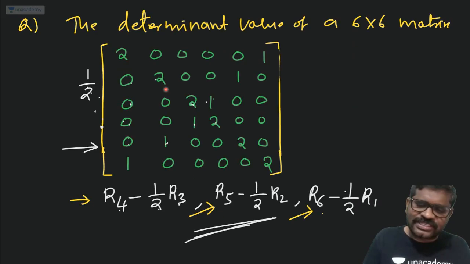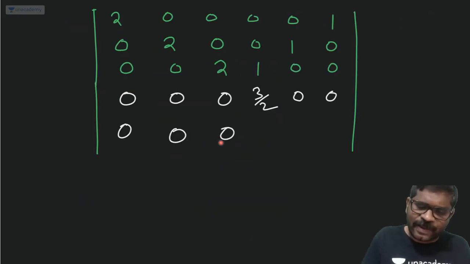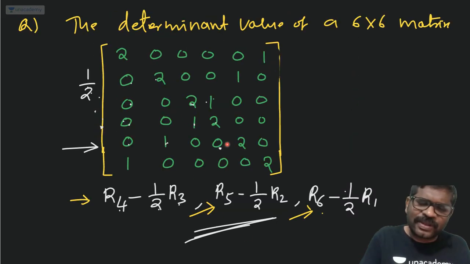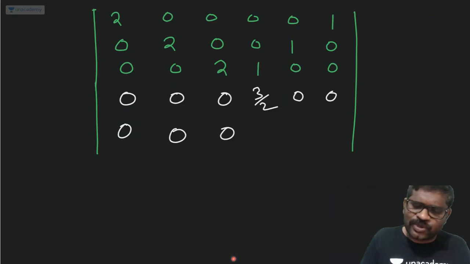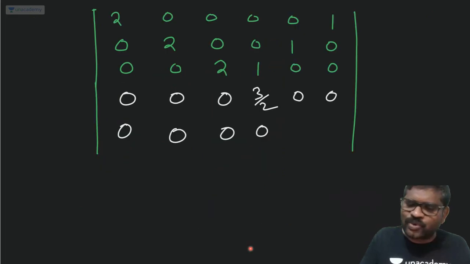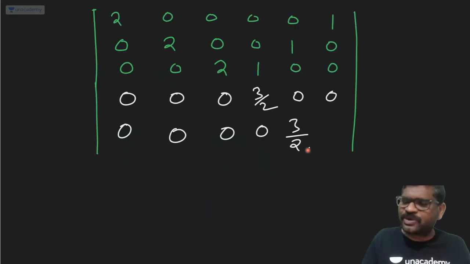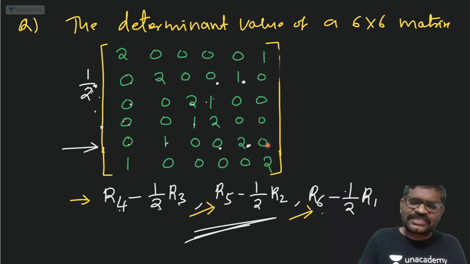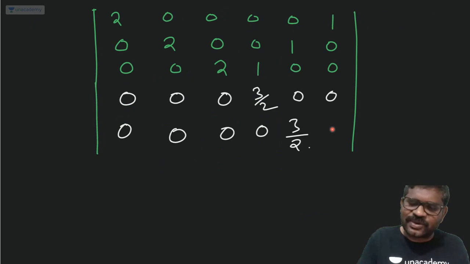Next, 0 minus 0, 0. 0 minus 1 by 2 into 0, 0. 2 minus 1 by 2 into 1, 2 minus 1 by 2, 3 by 2. Next, 0 minus 0, 0.